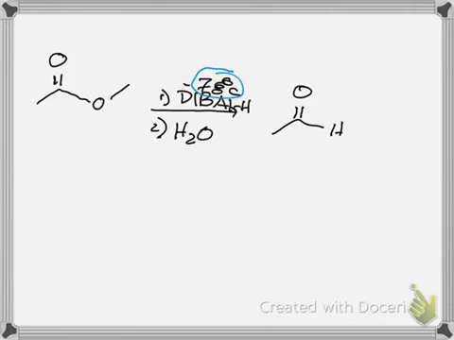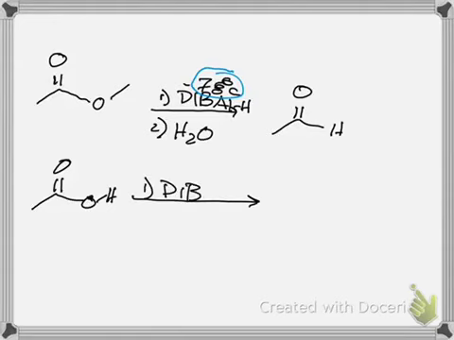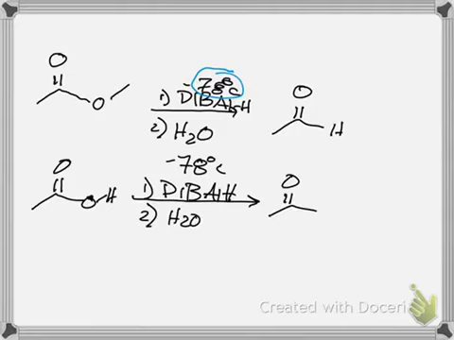The same thing happens if you react an acid with DIBAL. Now, you're probably asking yourselves, do I have to include that negative 78 degrees C every time I do this reaction? And the answer to that is yes, you do. It's one of the few areas where I get super picky.